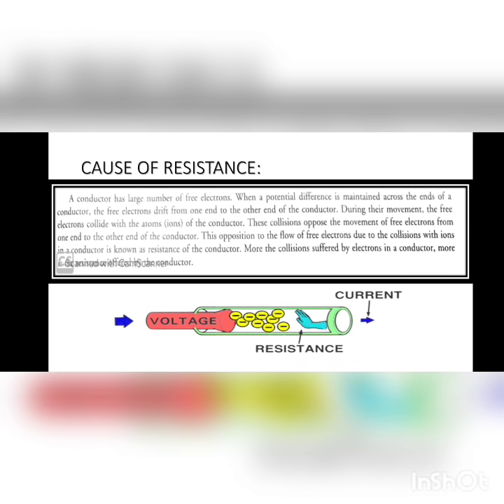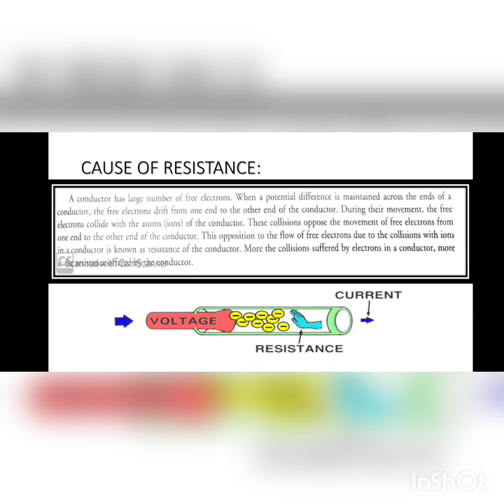Now these ions and atoms provide hindrance to the flow of the free electrons, and this opposition is nothing but the resistance of the material. So this resistance is different for different materials.